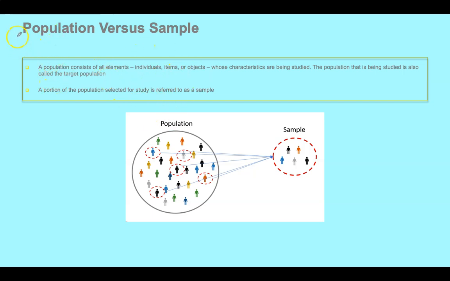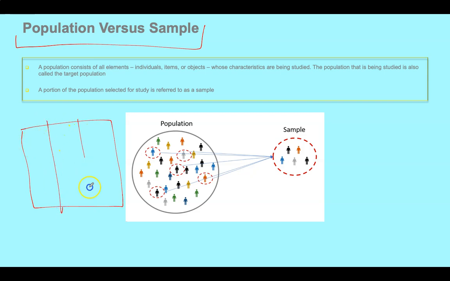First we have to understand population and sample. In very general terms, population consists of all the elements of a data. Let's suppose we have any kind of data, say COVID-19 data, and we have data of different countries, like India, China, USA, and different other countries.